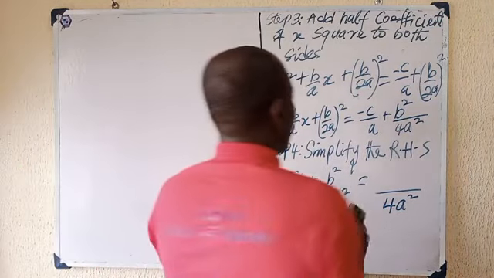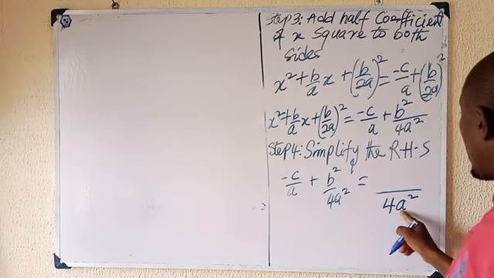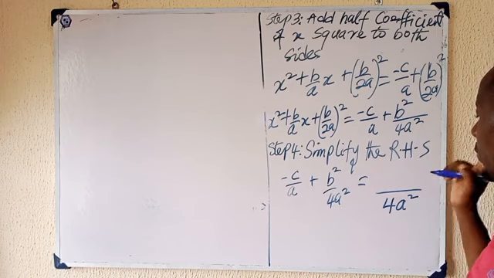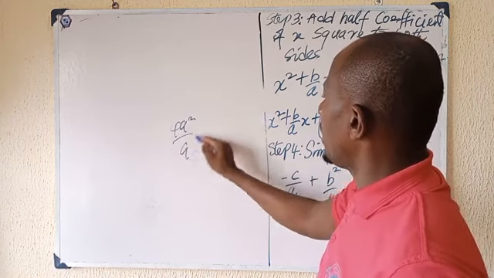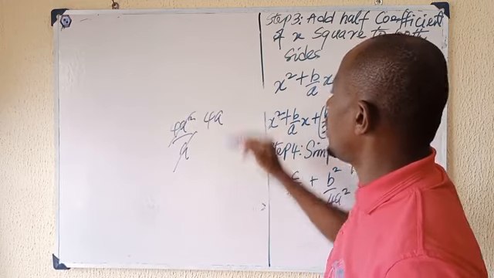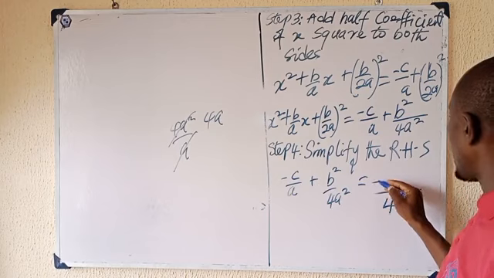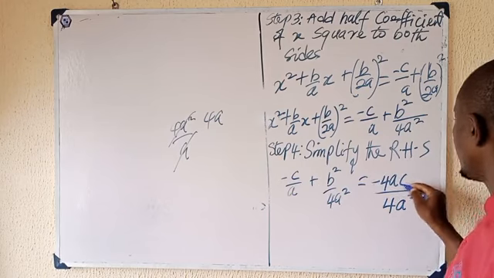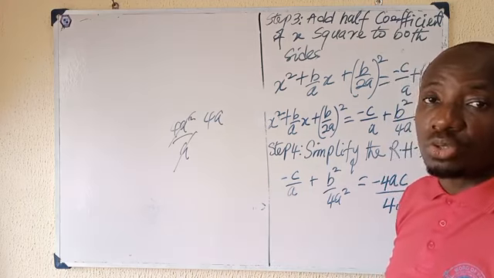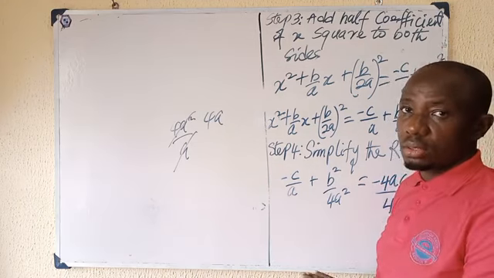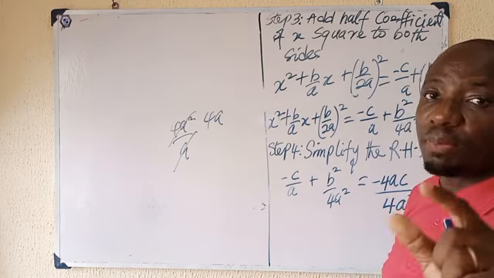Okay, now we divide. 4a squared divided by a will give us what? 4a. We cancel this, we have 4a, right? So 4a times minus c will give us minus 4ac. I will not emphasize this more because I already have a video on how to solve fractions. So if you don't understand fractions, go back to my video and check on simplification of fractions.